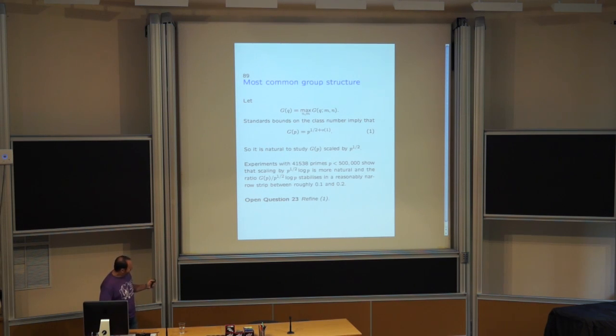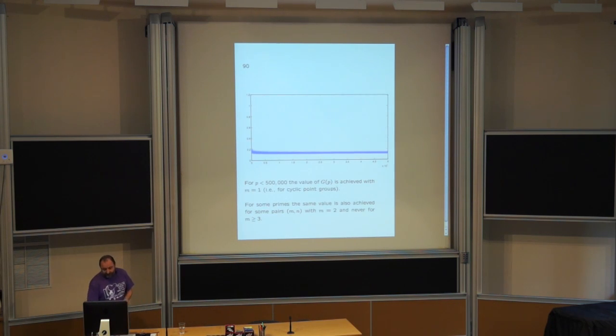So of course, when we know what happens numerically, it makes sense to come back to this equation and try to see what exactly this little o(1) looks like. So this is what our computations show. This is how this quantity behaves when you scale it again, not by square root of p, but by square root of p log p. So maybe this is the expectation.